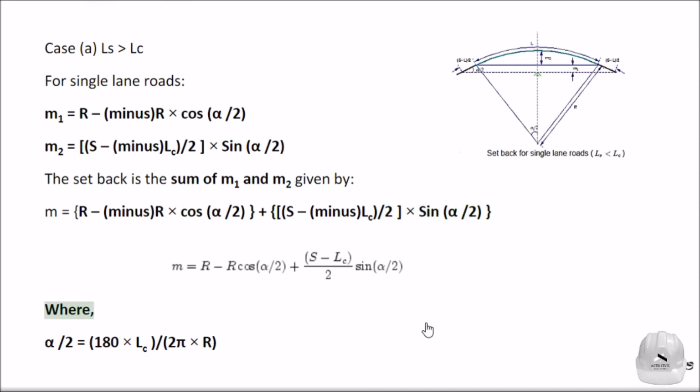where alpha/2 equals 180 times L_C/(2 pi R).